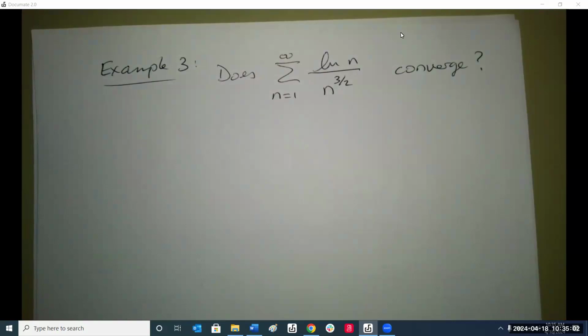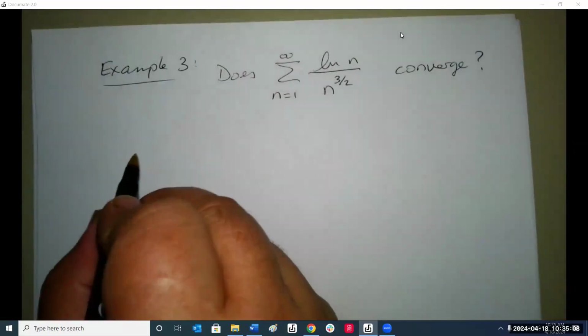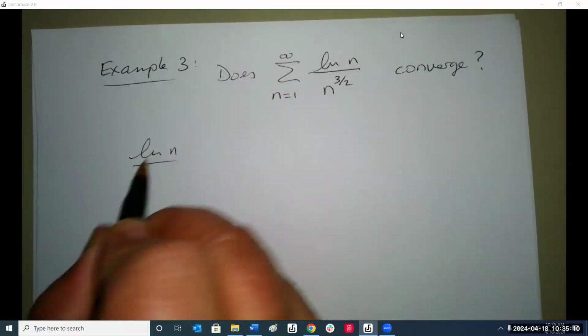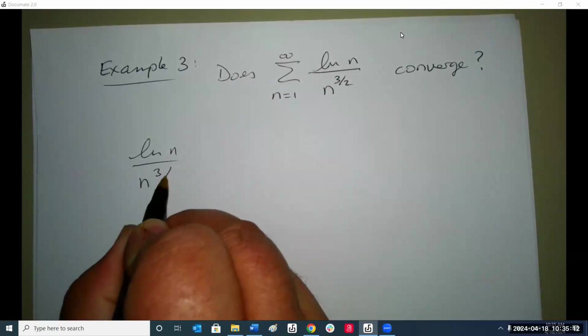So what happens here? We have our ln n over n to the 3 halves.